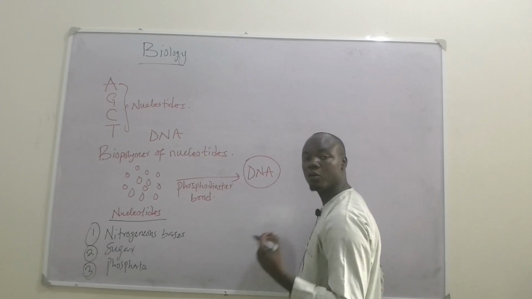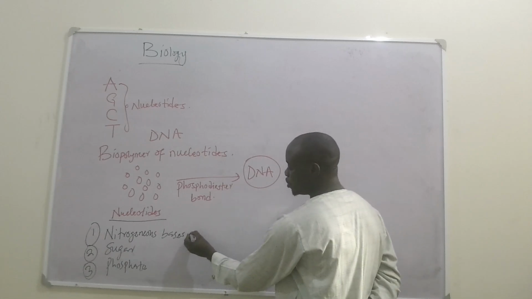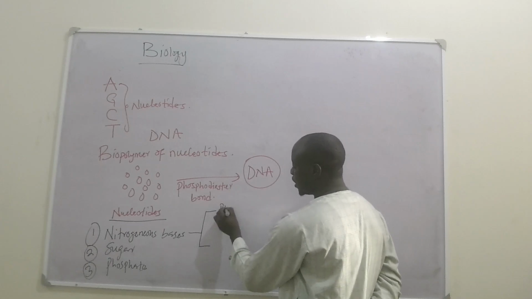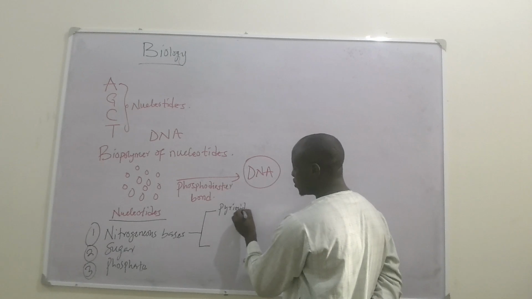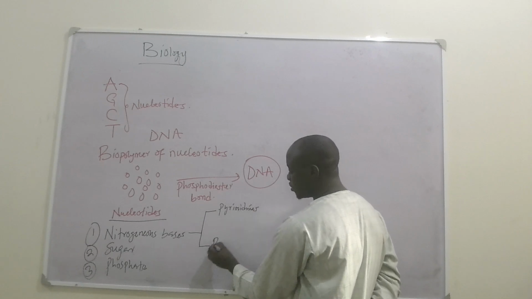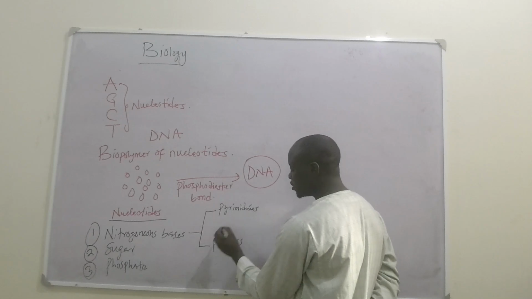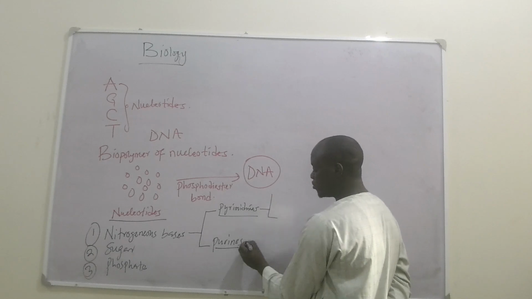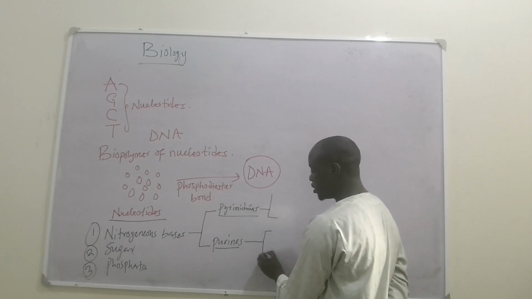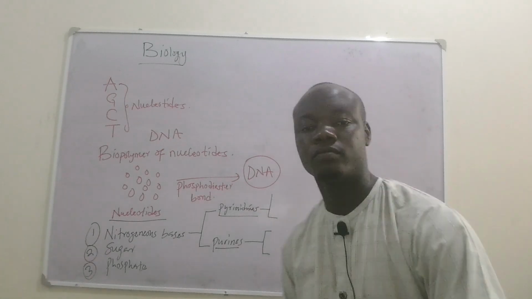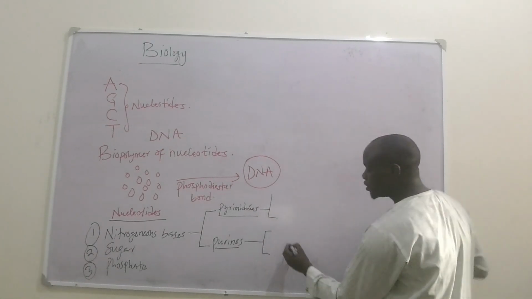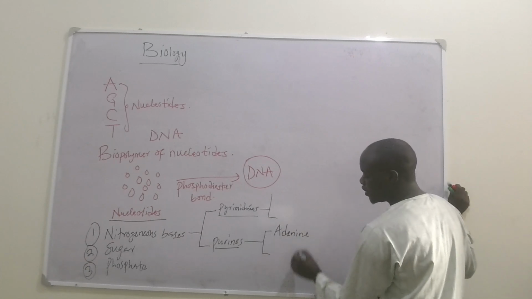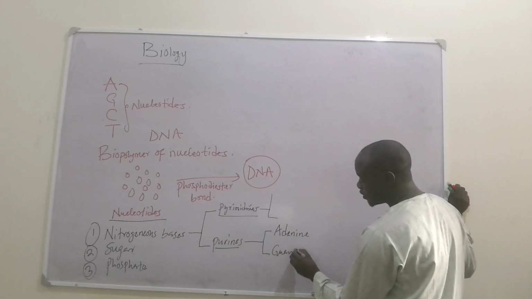Now we are talking about the nitrogenous base. The nitrogenous base is divided into 2: we have pyrimidines and we have purines. Examples of purines are adenine and guanine.